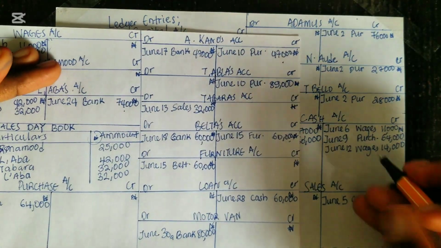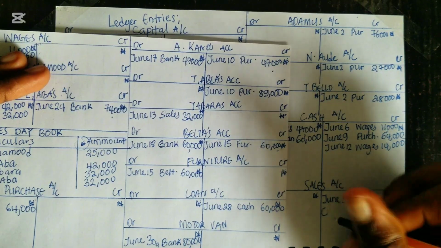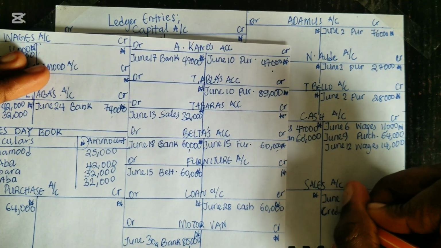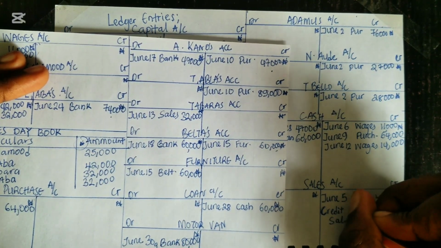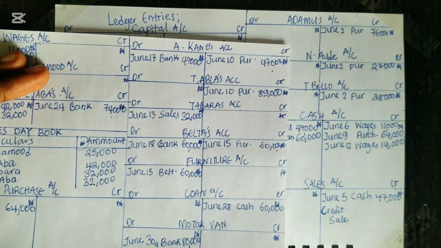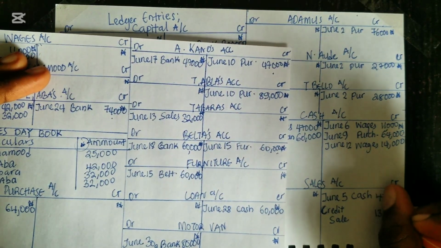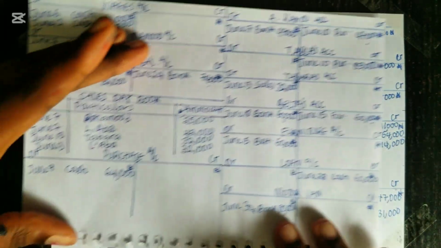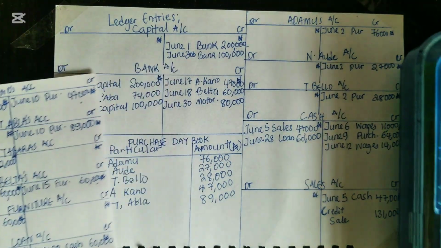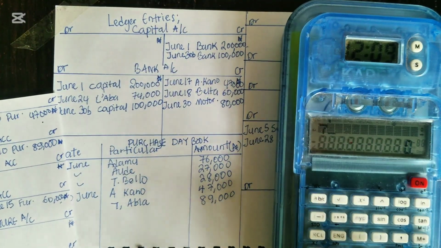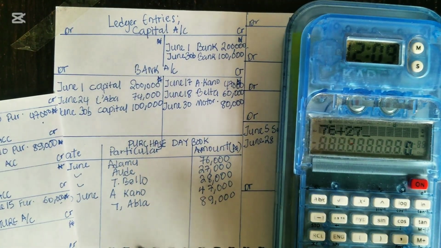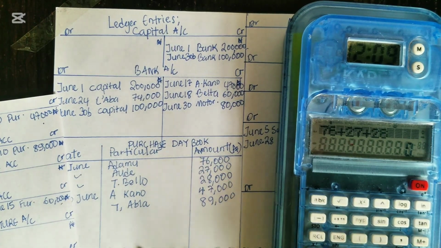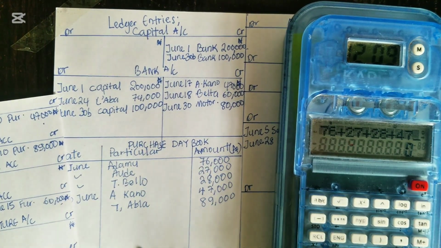So now for sales, you can just write credit sales. How much do we have here? 131,000. For our purchases, we'll do the same thing. We write 76 plus 27 plus 28 plus 47 plus 89.